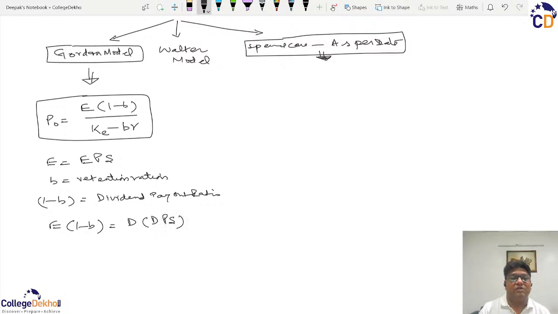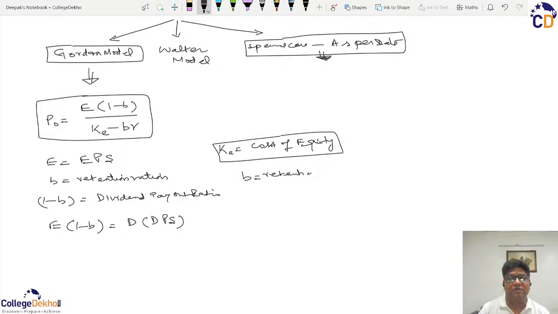Further, KE denotes the cost of equity, that is effectively the returns from the equity to the investor. B, as seen earlier, is the retention ratio.